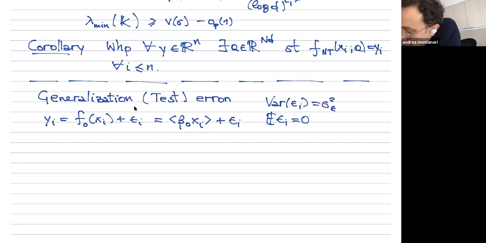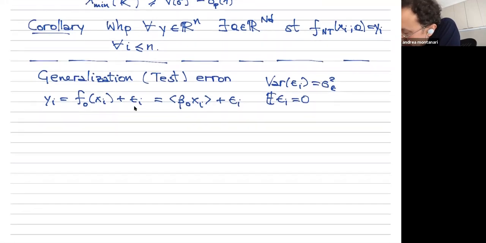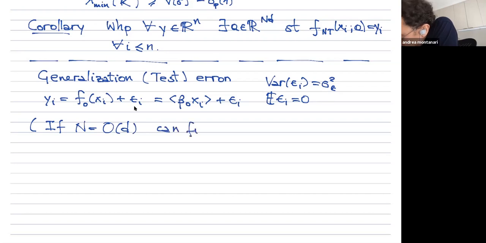And okay, so one note: is this linear model very restrictive? Yes, but the most general case is not much more general, because if capital N is of order d, as long as we keep to this regime, a model of this type in large dimension can fit at most quadratic functions. I should have said from the beginning, but here we always assume n and d going to infinity.